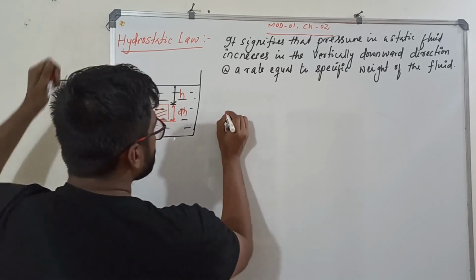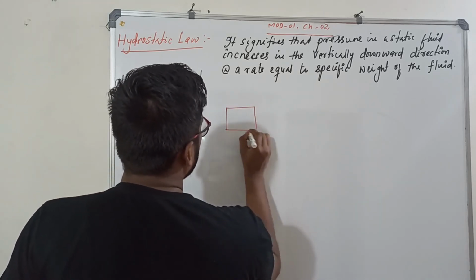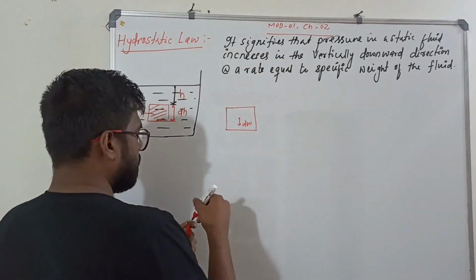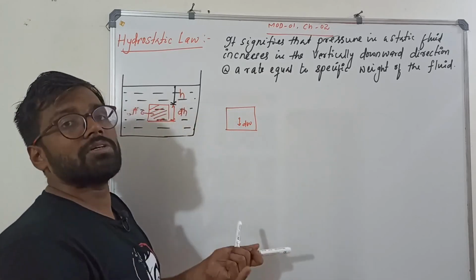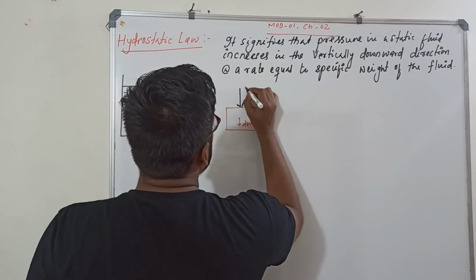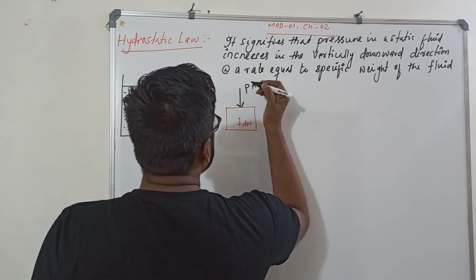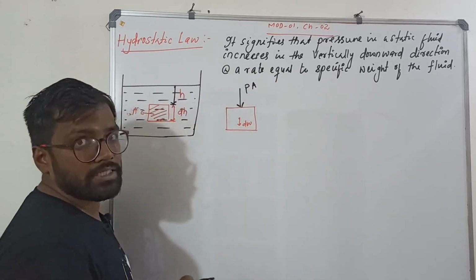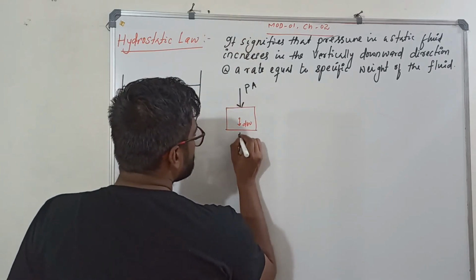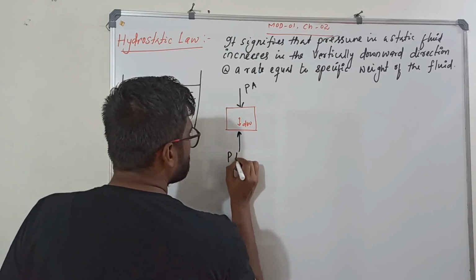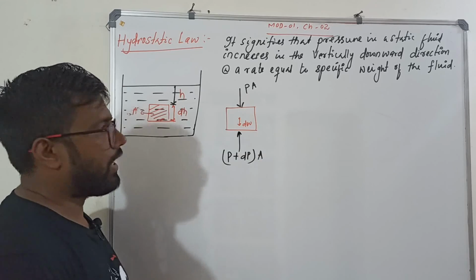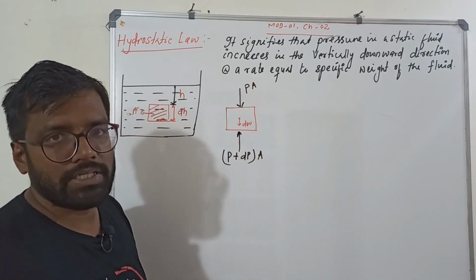So this is your block, with dW, the self weight of the block, acting downward. This block is made up of nothing but fluid. Here the pressure is P, so the pressure force acting on the upward surface is P into A. On the downward surface, the force is (P plus dP) into A. And the weight is acting vertically down.